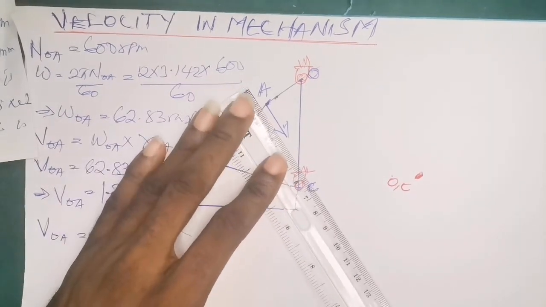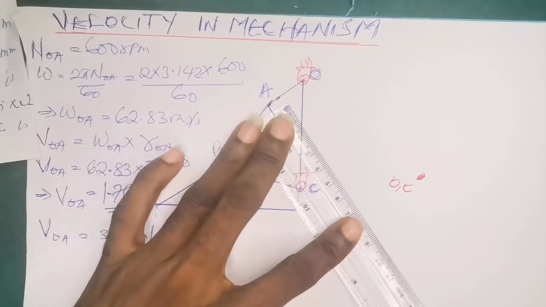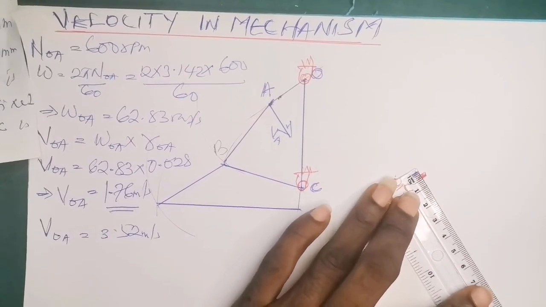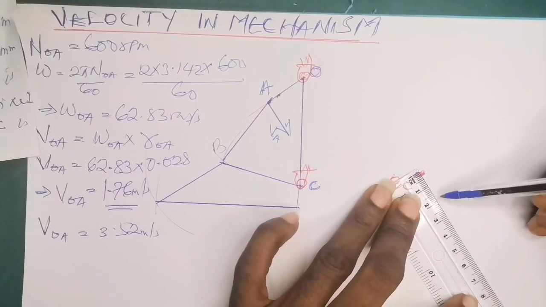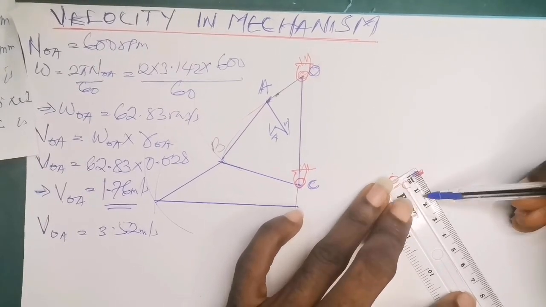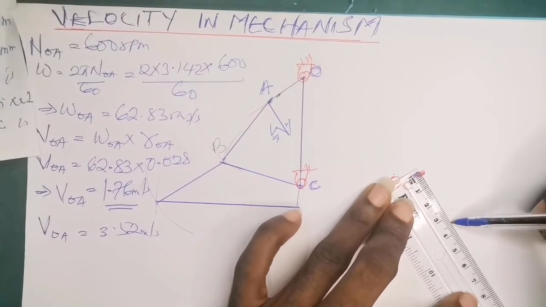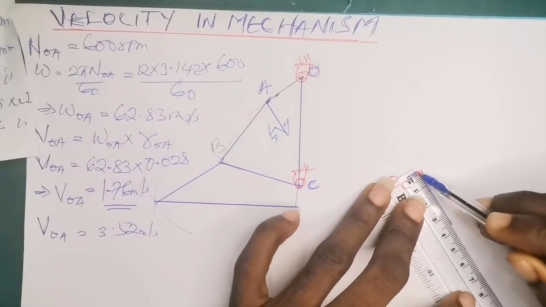This is the 90 degrees pointing downwards, and the value is 3.52. 3.5 is the middle, and 3.52 is just 2 centimeters after that.